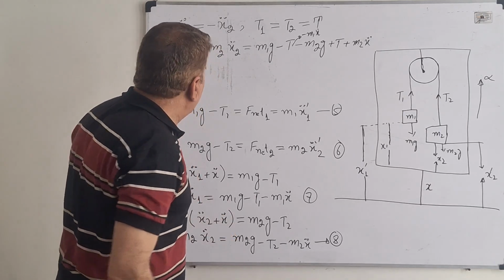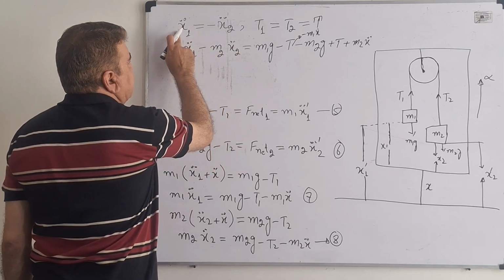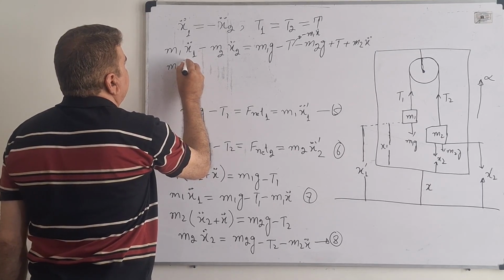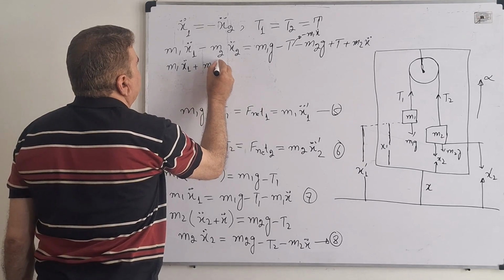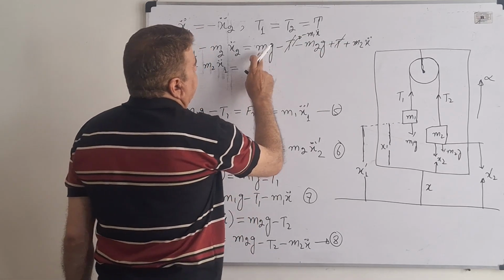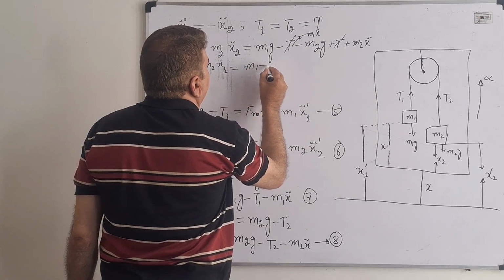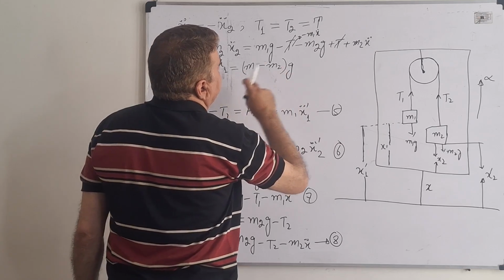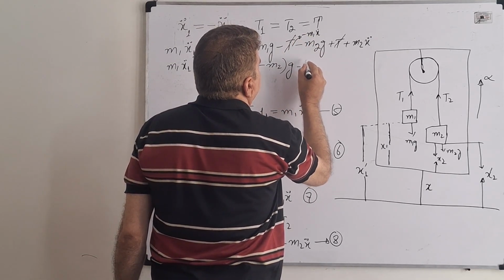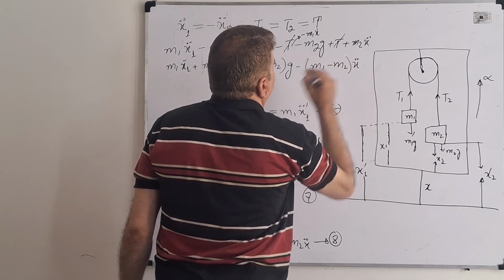So now I can set minus x double dot 2 equal to x double dot 1, and write this side as m1 x double dot 1 plus m2 x double dot 1 equals, and I can cancel this T with this T, and take g common from these two terms to write m1 minus m2 into g, and from this term and this term I can take minus x double dot common, so it becomes minus m1 minus m2 into x double dot.